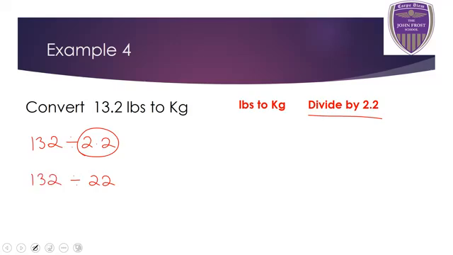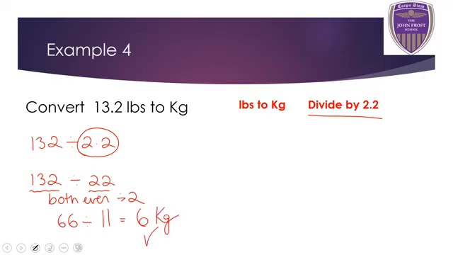Now a top tip: both of these numbers are even. If they're both even, divide them both by 2. So half of 132 would be 66. Half of 22 is 11, and then that's a nice easy calculation. 66 divided by 11 is exactly 6, and that is your answer.